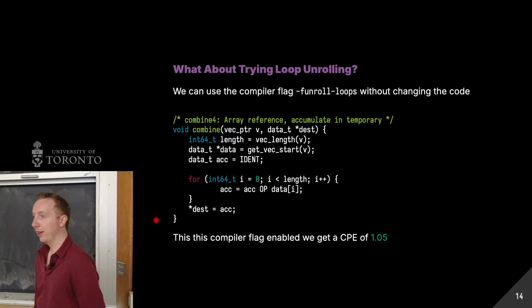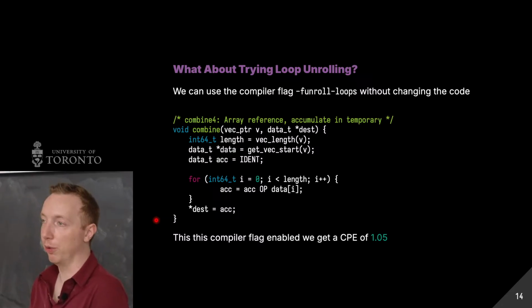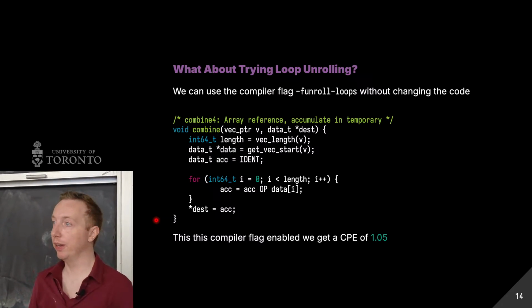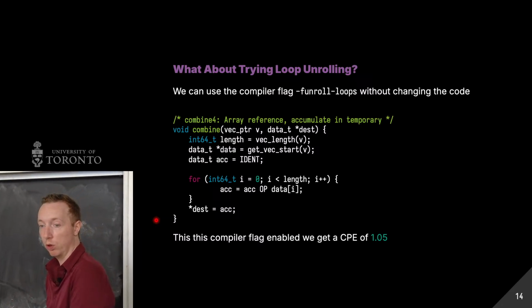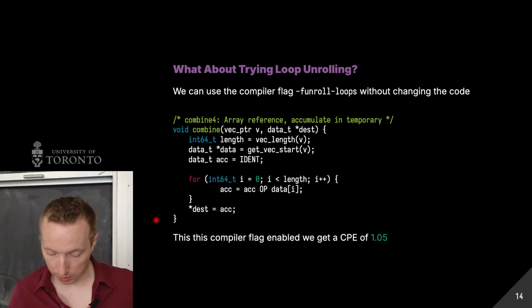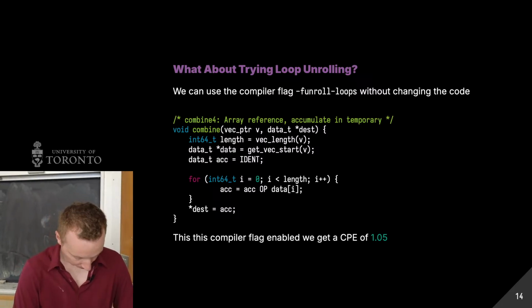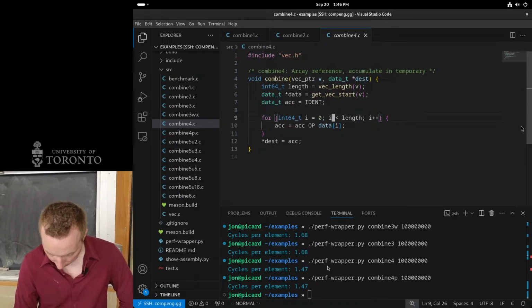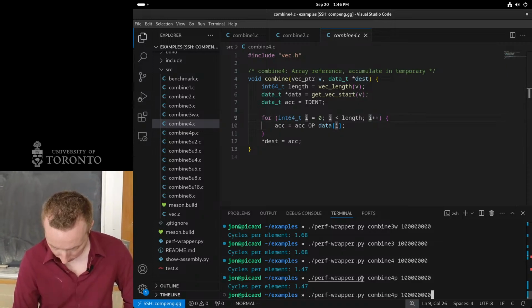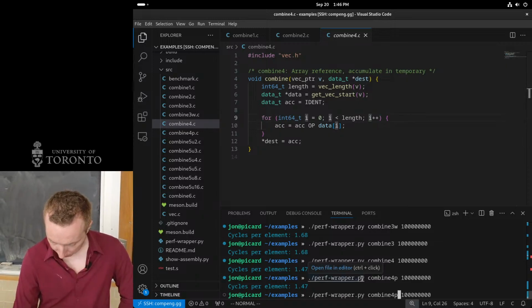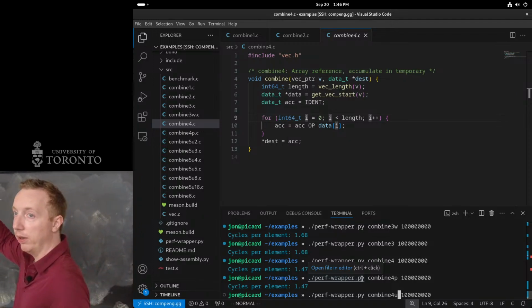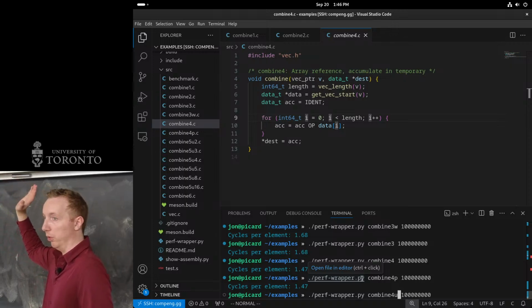The next thing we have is loop unrolling. That's a compiler option. The easiest thing to do is I can just unroll loops and see how it goes. So all I did is I created another called combine for you, and I added unroll loops.